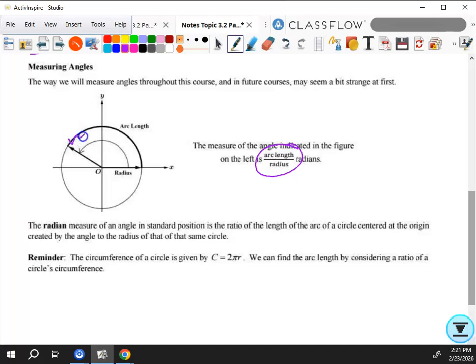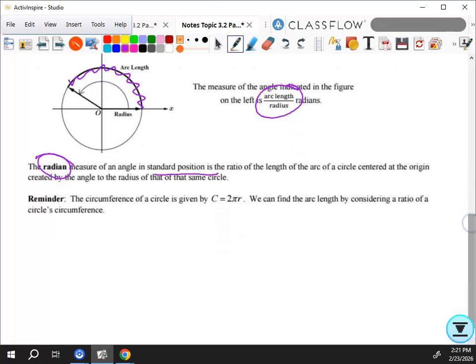Arc length is just a part of the circumference. You take the arc length, divide it by the radius, and you get the radians. So a radian measure of an angle in standard position is the ratio, a fraction, of the length of the arc of the circle to the radius.